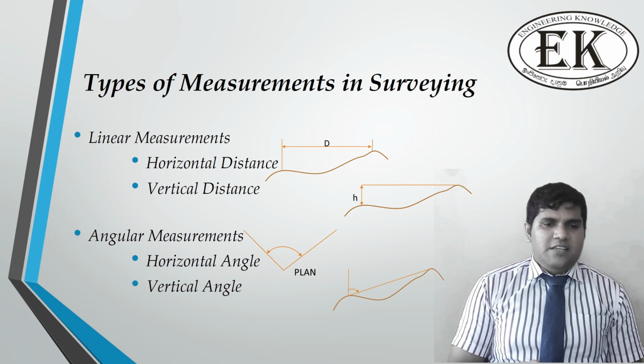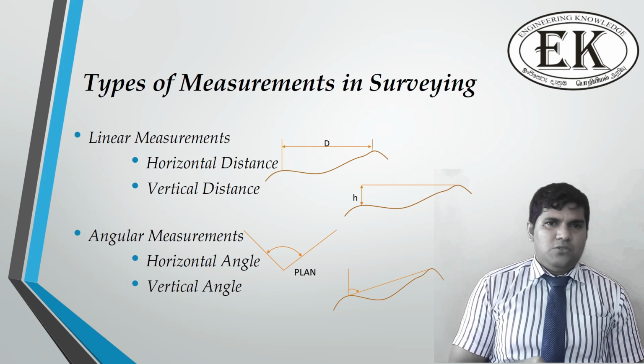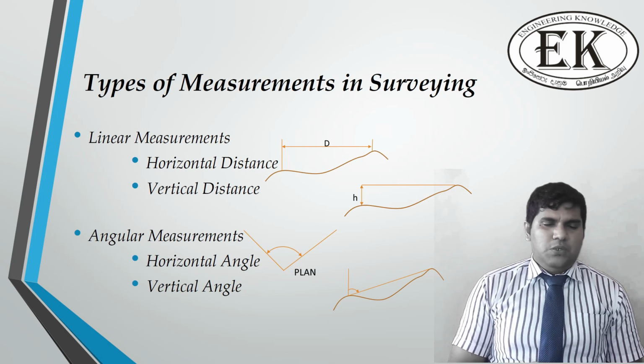One is linear measurements, where horizontal distance and vertical distance are measured. The second one is angular measurements. In angular measurements, basically we can take horizontal angles and vertical angles. To measure the horizontal and vertical angles, we can use theodolites or total stations, right?